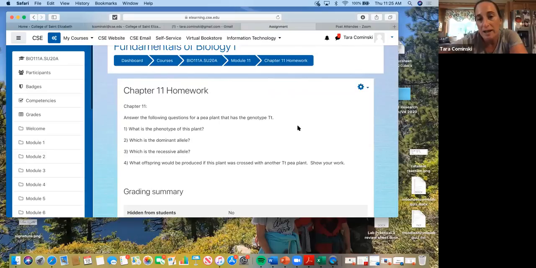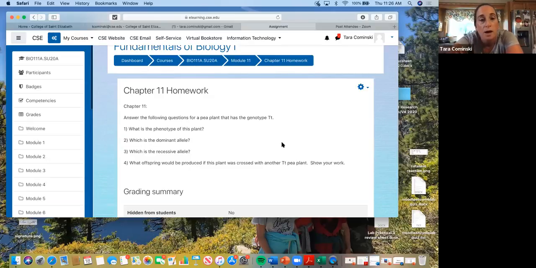So this pea plant has a genotype of big T, little t, and we call that heterozygous. We need to be familiar with all this genetic terminology that I go over in chapter 11. If you don't listen to the recordings, you should definitely listen to these recordings for these chapters, because it's a lot.